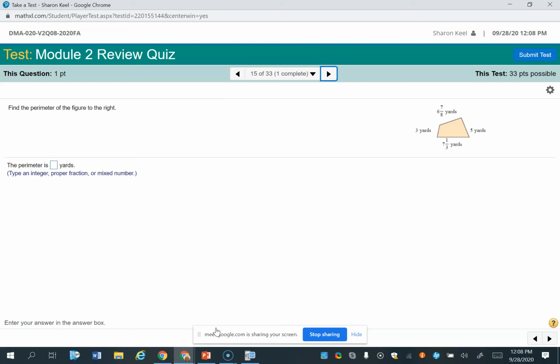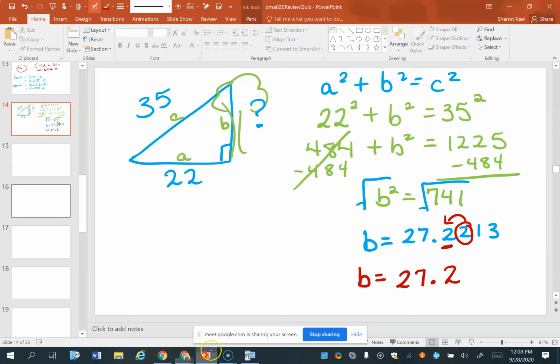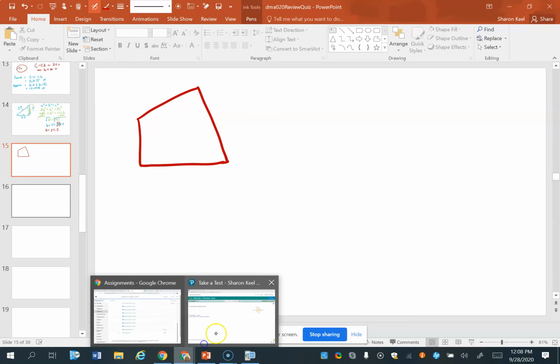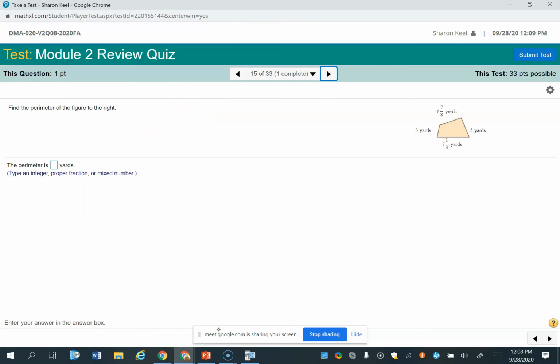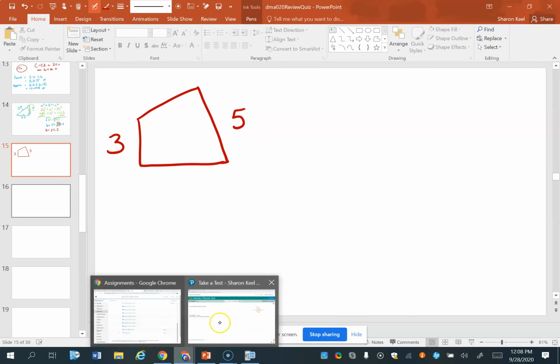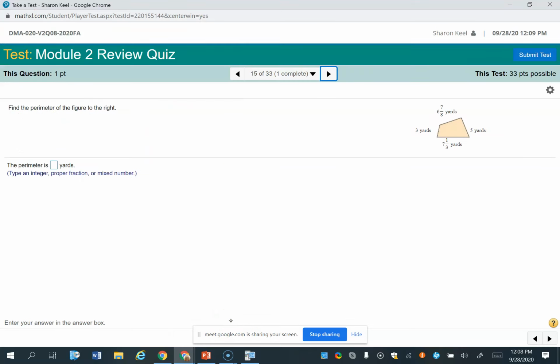Find the perimeter of the figure to the right. Okay, so we have a 4, we have a 3 and a 5, and we have 6 and 7/8.